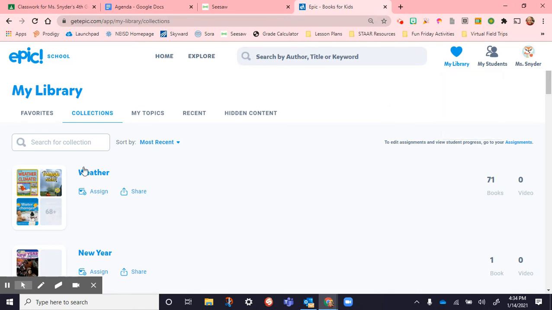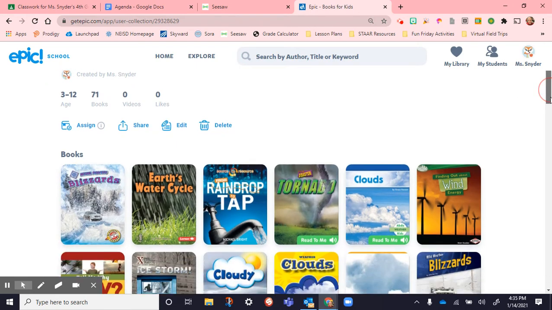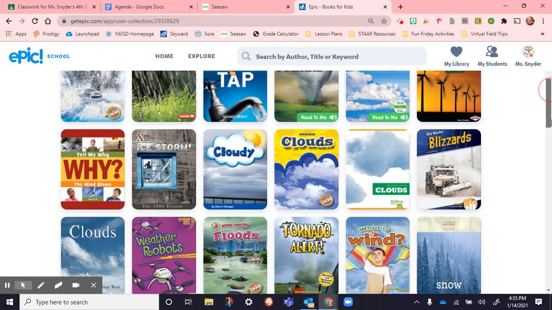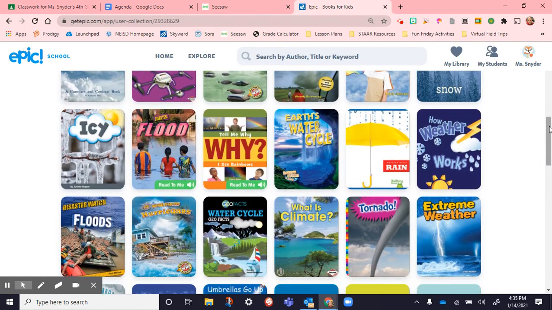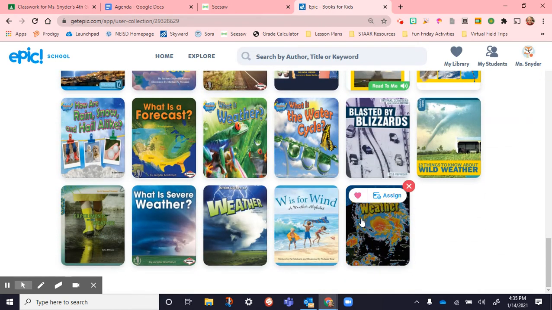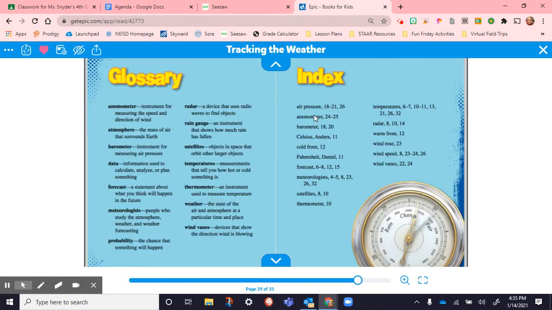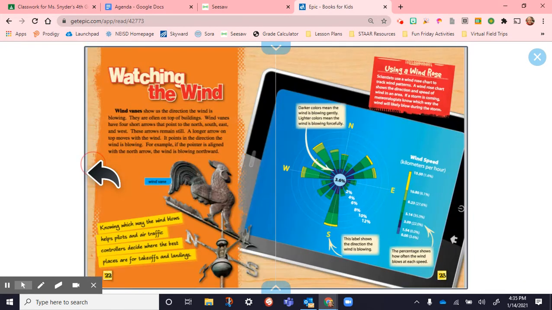So if you go to the assignments that I've assigned to you, there's a whole big, huge 71 books of all kinds of weather, water cycle type books, a bunch of them. And the one that we read today, we were kind of jumping around, is this one called Tracking the Weather.